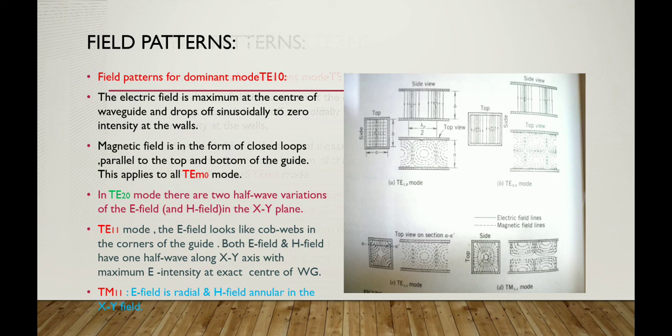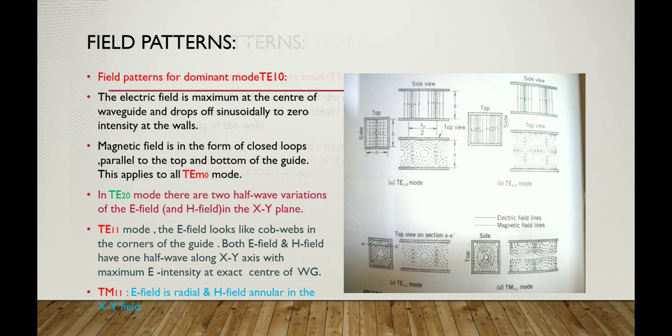For the dominant mode TE10, the electric field is maximum at the center of the waveguide and drops off sinusoidally to 0 intensity at the walls. The very first diagram on the right hand side, the top view, shows this, and the side view you can also see.